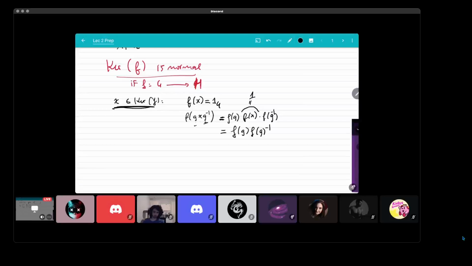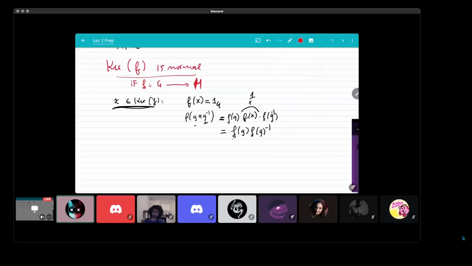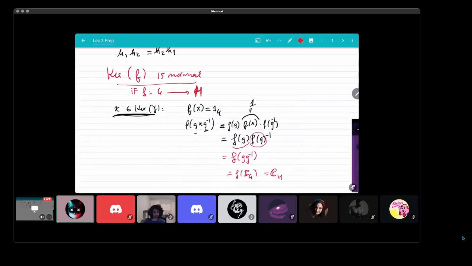In two ways we can show that this is equal to 1. The first way is to see that f of g is the inverse of f of g minus 1, or we can go back using the morphism property and see that this is f of 1 of G, which is equal to the identity element of H. So the important thing is that if you have any morphism, its kernel is a normal subgroup. It's a way to decide whether a subgroup is normal.